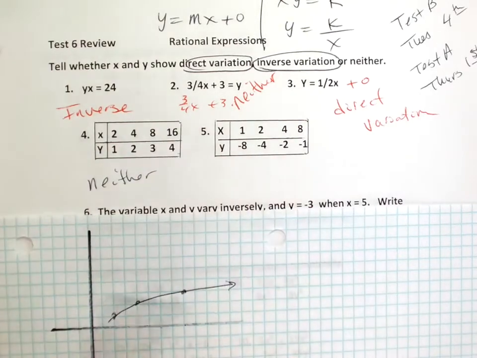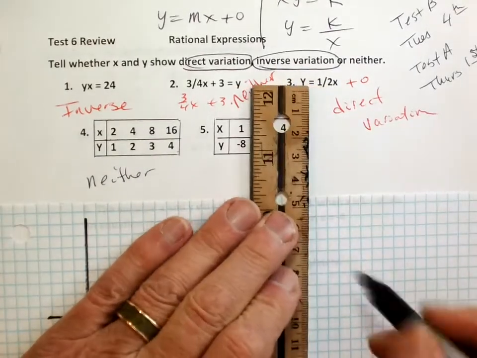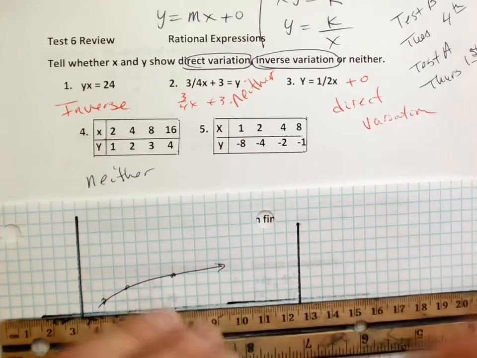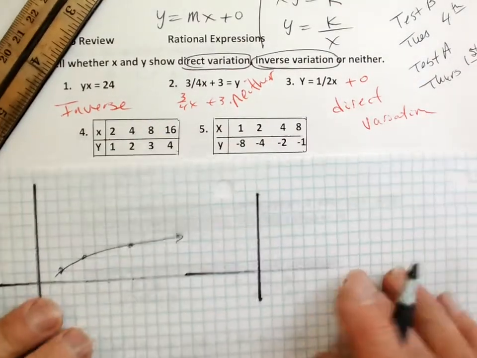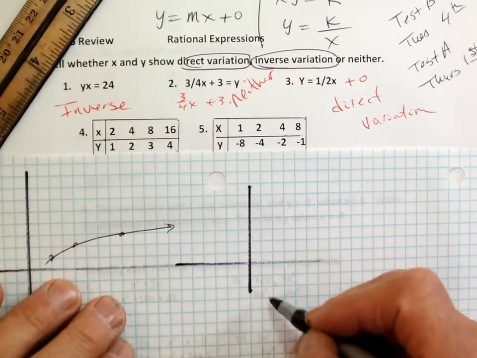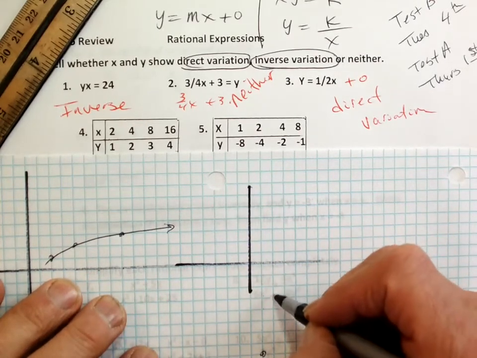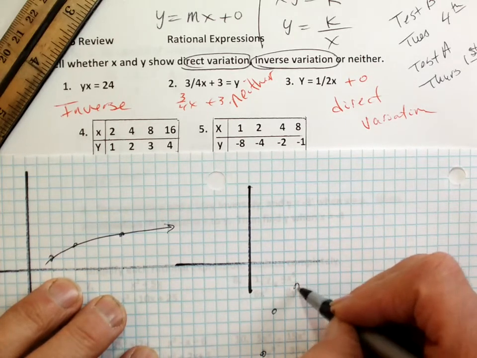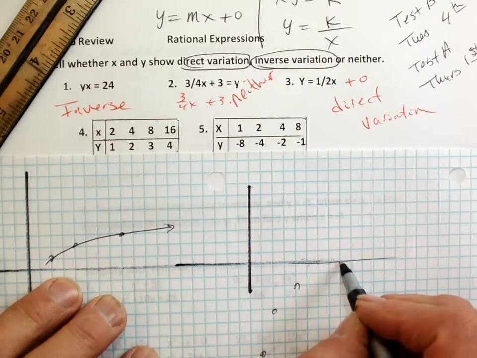But let's check number 5. Again, if I graph it, it really helps me quite a bit. It gives me an idea what's going on. On number 5, I'm going to have a 1 and a negative 8, a 2 and a negative 4, a 4 and a negative 2, and an 8 and a negative 1.